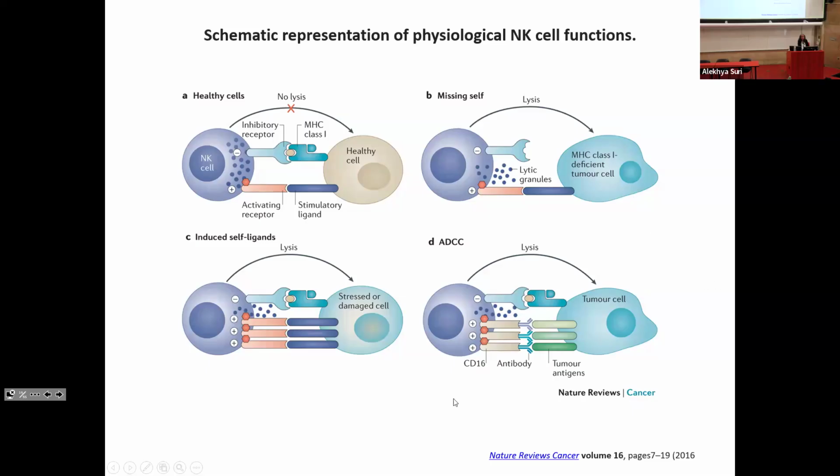So NK cells, just remember, are important. They're innate cells, and they're important to kill or get rid of tumor cells and virally infected cells.